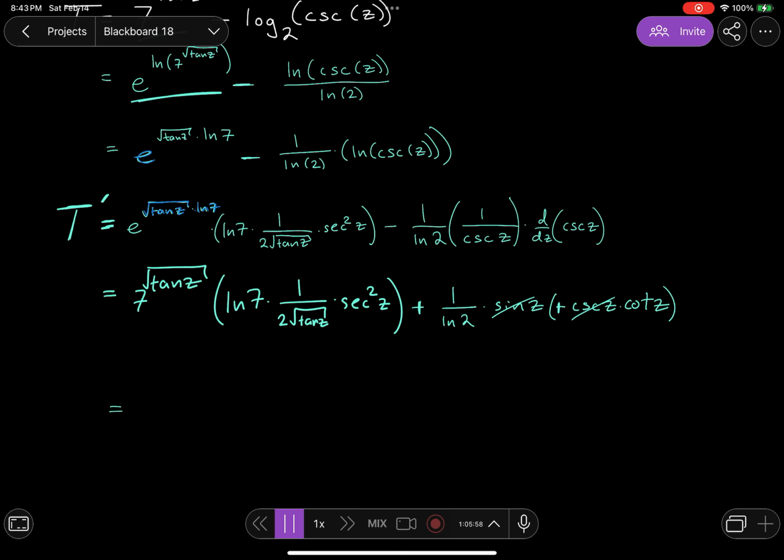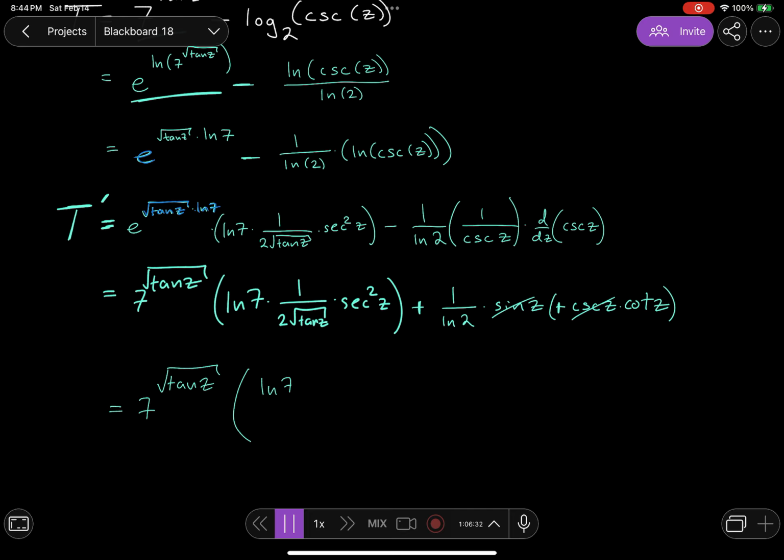So to clean everything up, this is 7 to the power of the square root of tangent of z times the natural log of 7 times secant squared of z plus cotangent. Oh, and I'm missing a natural log of 2 over here. I'm trying to combine everything.